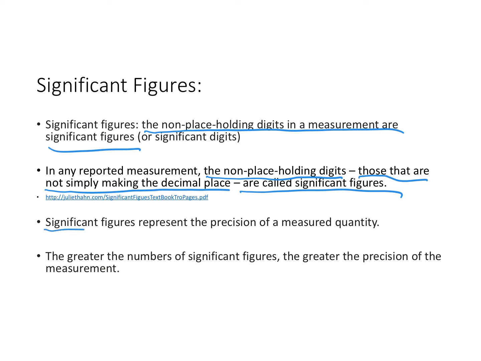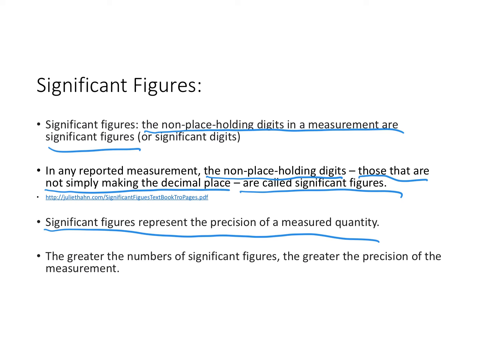Significant figures represent the precision of a measured quantity. Previously, I told you about the ruler, like 24.1, and how much precision this number has. In general, significant figures represent the precision of a measured quantity, and I always give this in the exam.